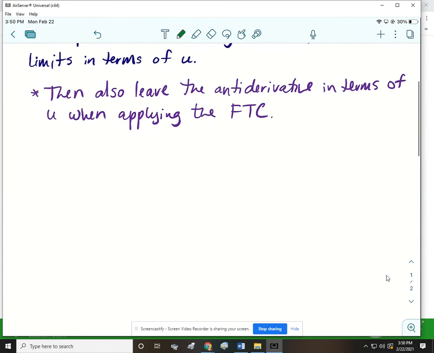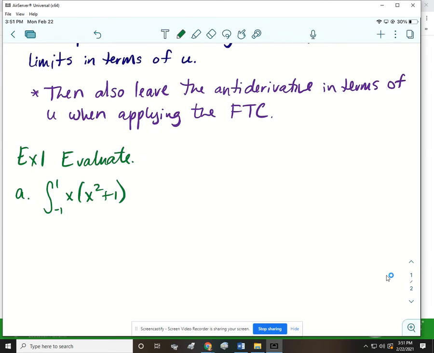So for example 1, we're going to evaluate a, the integral from -1 to 1 of x times the quantity x squared plus 1 quantity raised to the 4th dx.